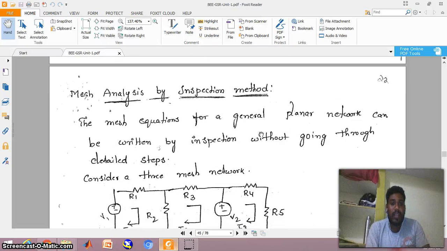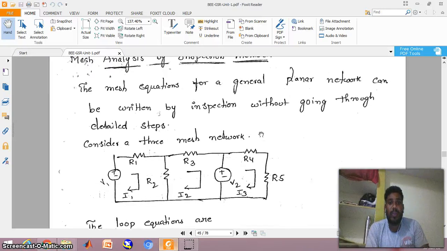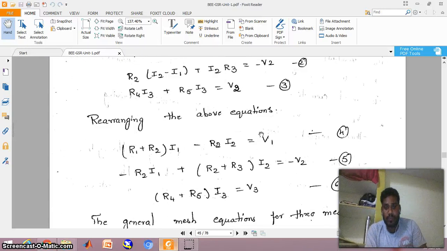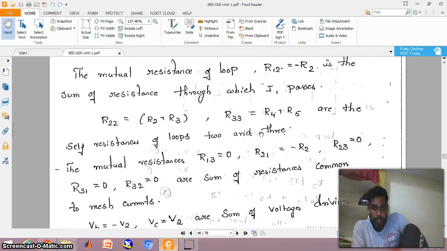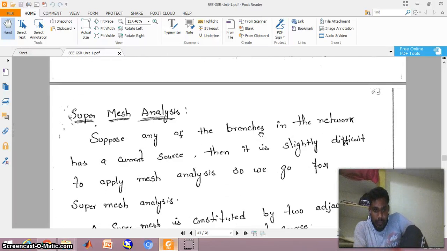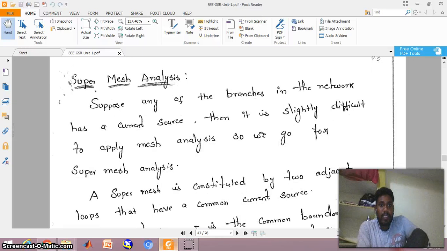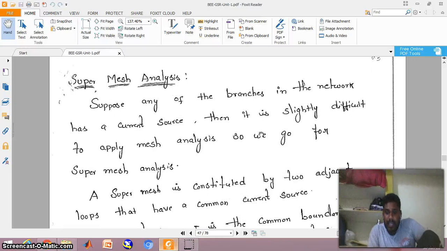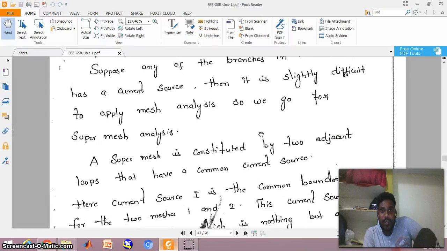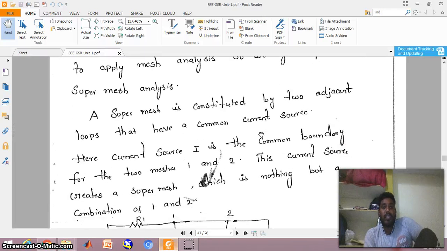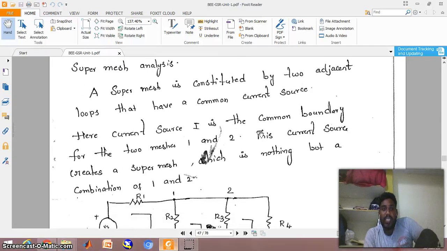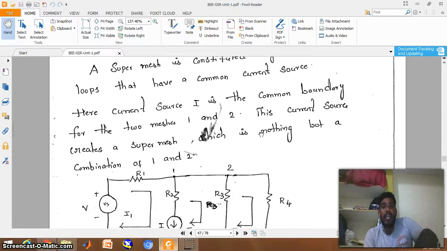Next, the last one is the supermesh. Supermesh analysis: suppose any of the branches in the network has a current source, then it is slightly difficult to apply mesh analysis. So we go for supermesh analysis. A supermesh is constituted by two adjacent loops that have a common current source.